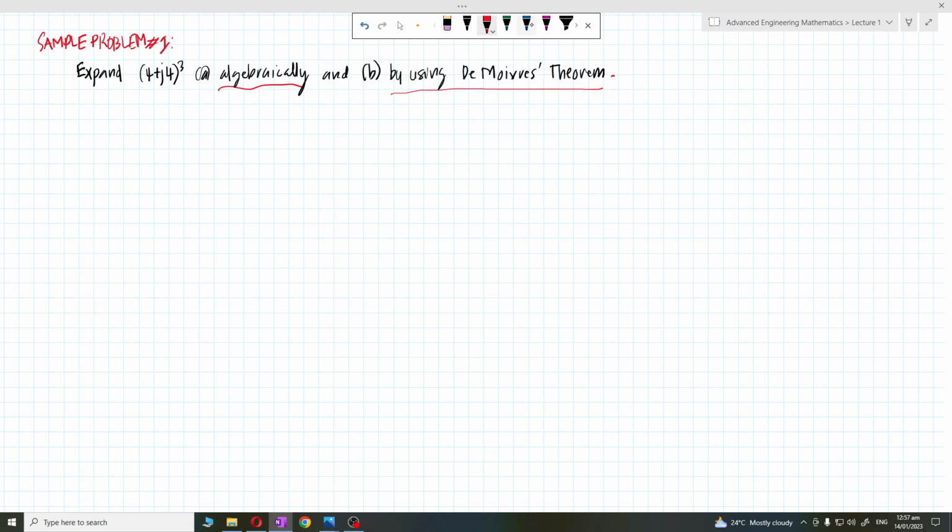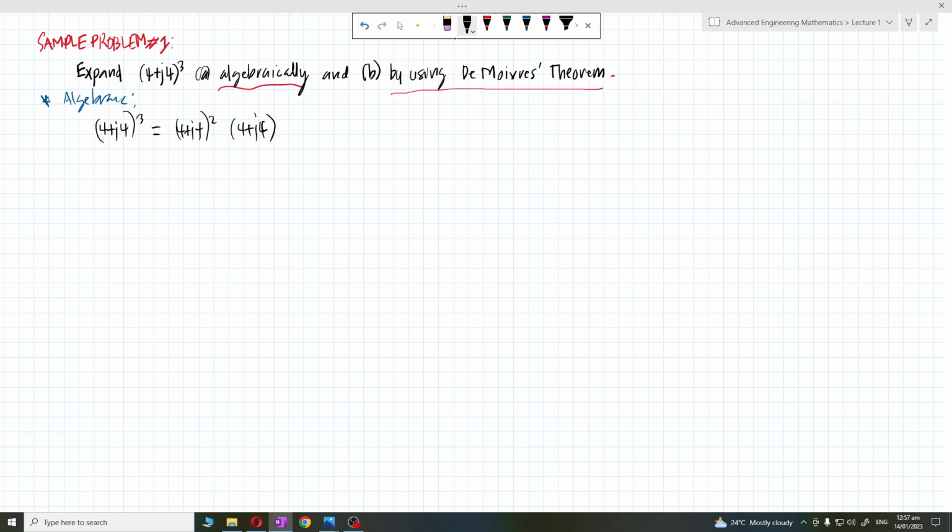For the first method, algebraically, we have here the cube of the quantity 4 plus j4. Since the exponent is 3, you can do it by separating first the exponent: 4 plus j4, you square, and then next is multiplying the remaining factor 4 plus j4.